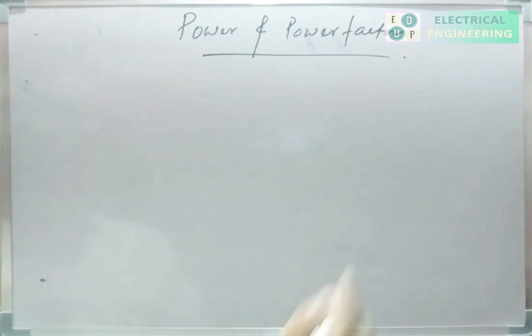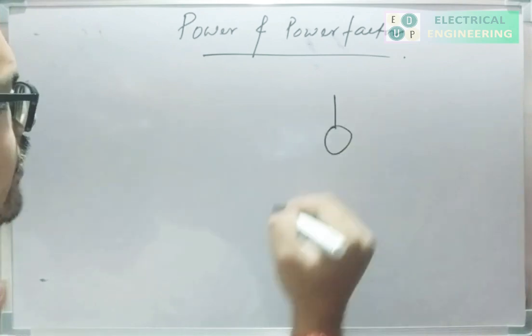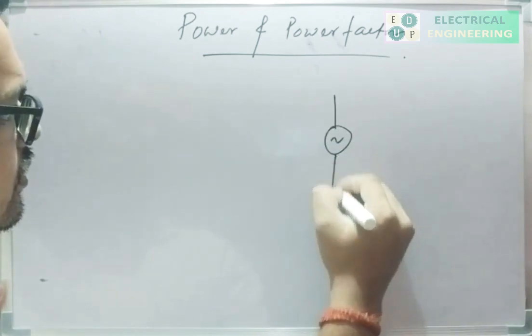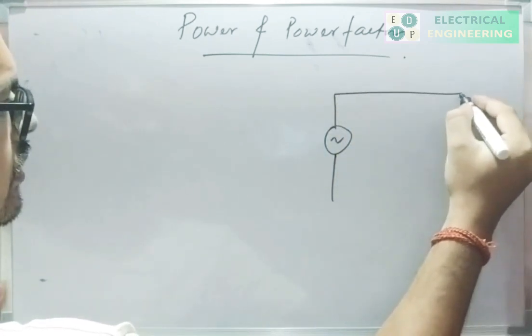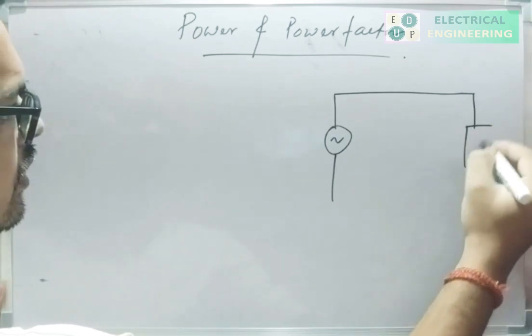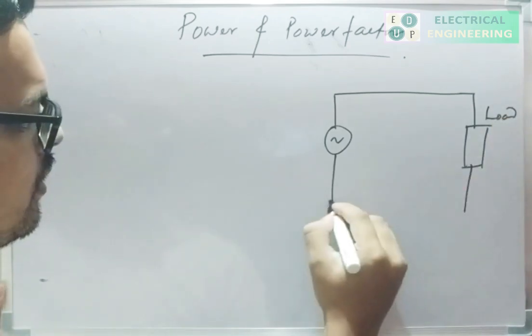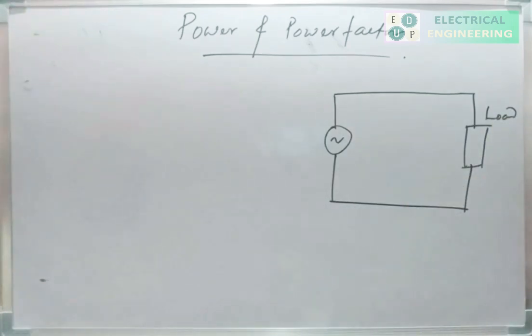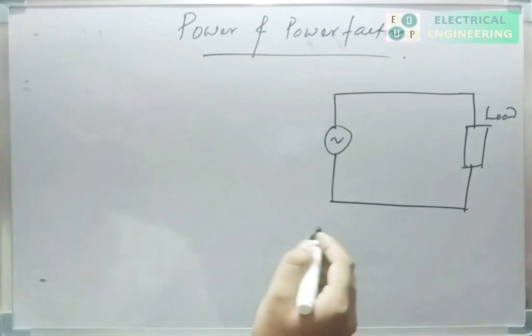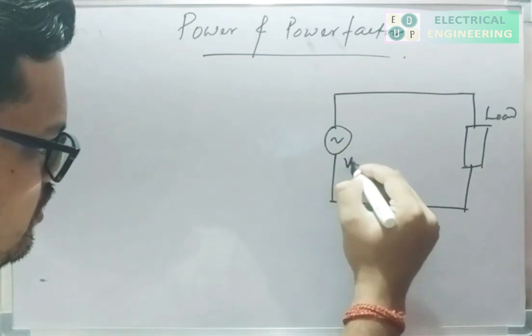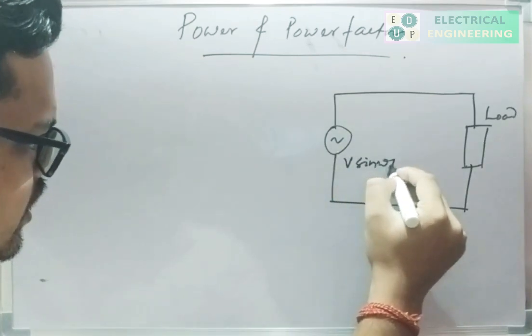I am taking a simple circuit. It has an AC source delivering some power to a load, and in general we take the source as V sin omega t.